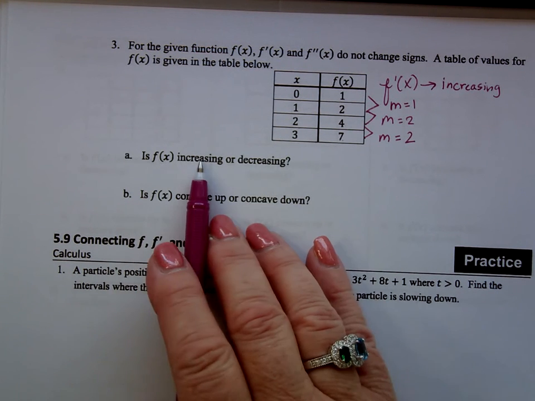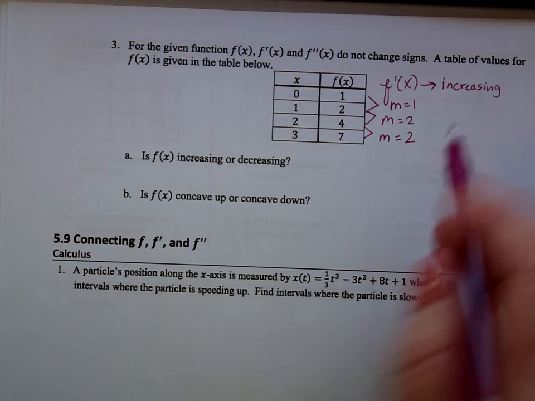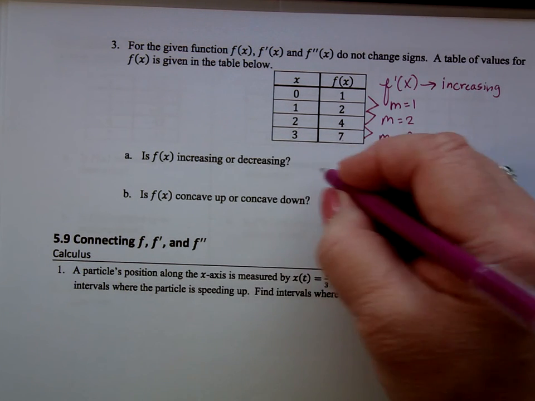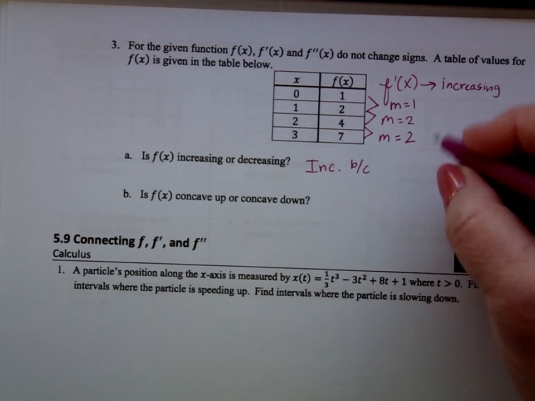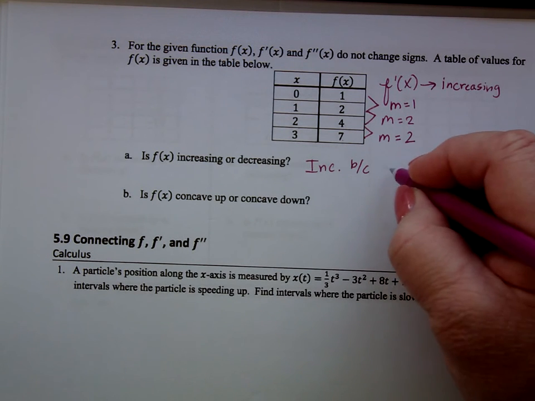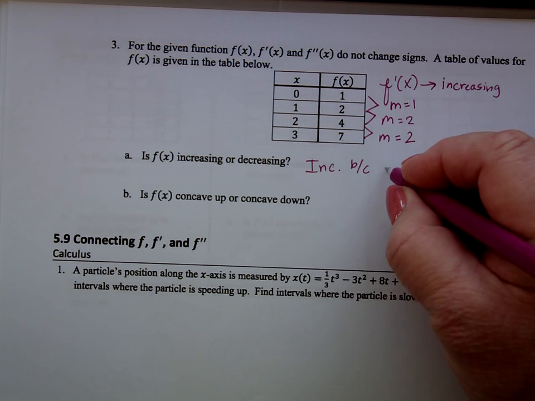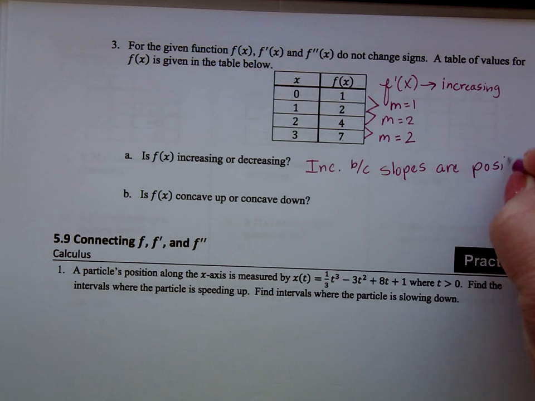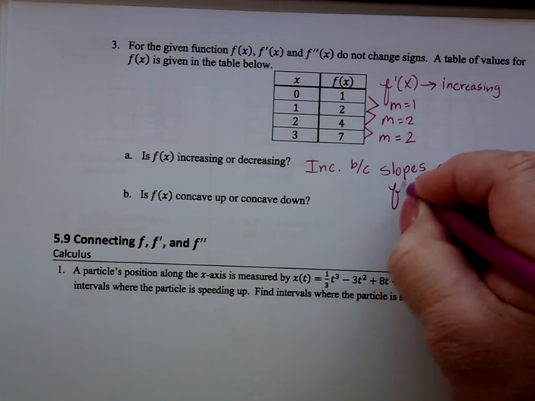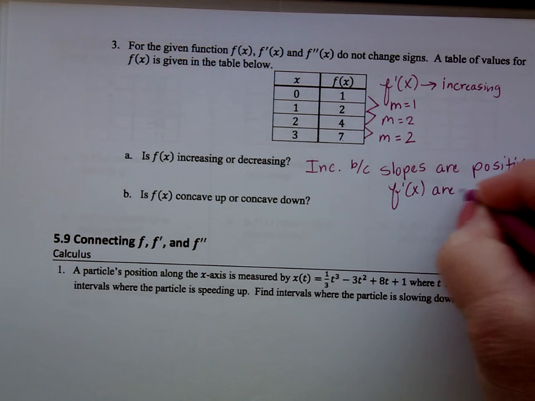Remember, increasing and decreasing comes off of your first derivatives, and we're going to say increasing because my slopes are positive. Or in other words, my f prime of x are positive.